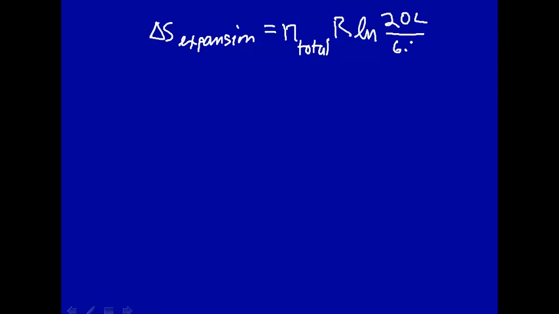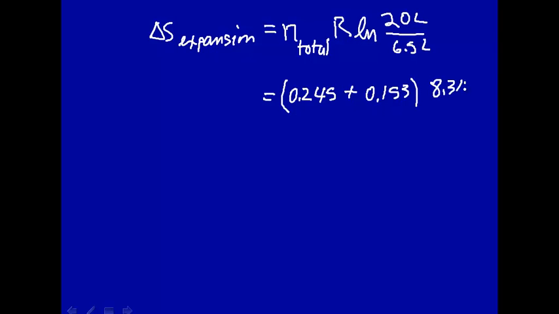The initial volume was 6.5 liter. For the total number of moles, we showed the calculation for argon, 0.245 mole of argon. And if you do the calculation for helium, which we left to the reader, it's 0.153 moles of helium. So that's the total number of moles.